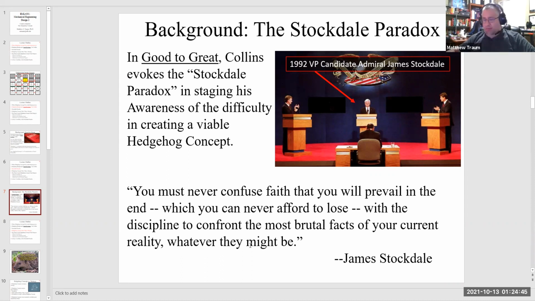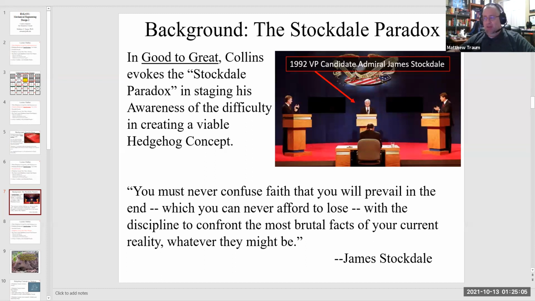But what Stockdale says, and this again comes from his prisoner of war experience, you must never confuse faith that you will prevail in the end, which you cannot afford to lose, with the discipline to confront the brutal facts of your current situation.